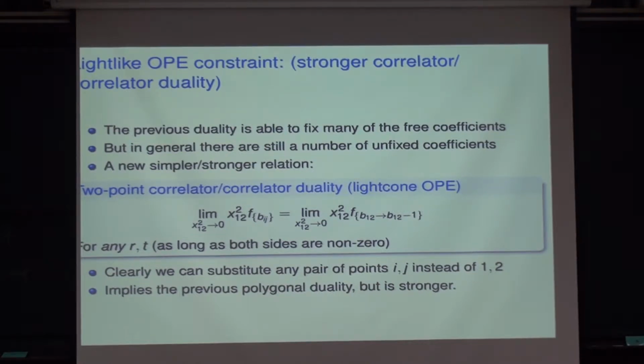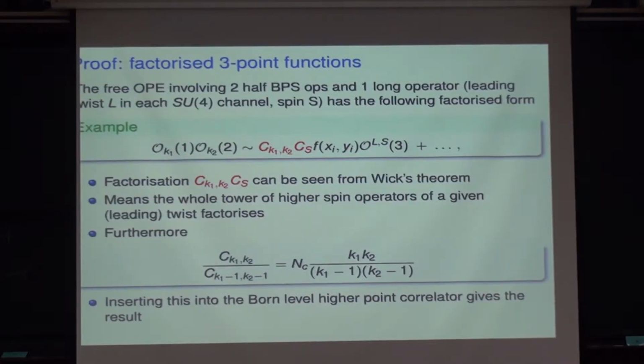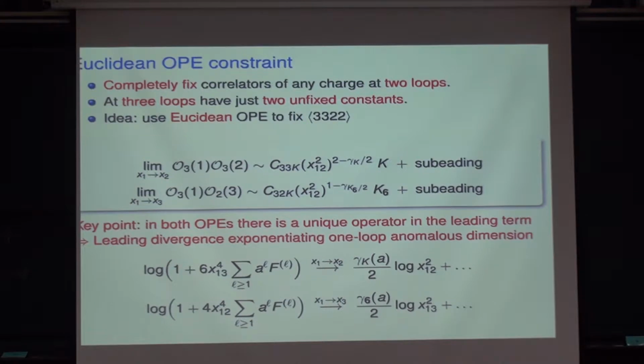With many high charges, planarity actually kills it completely. And in between, you can in fact use this to almost determine the full answer. Oh, and as I mentioned, this implies the previous polygonal duality, if I just do the limit in various different points in a polygon.